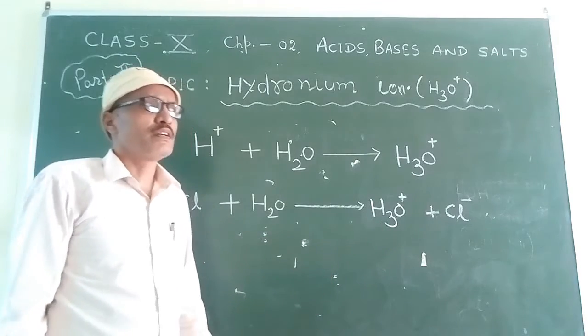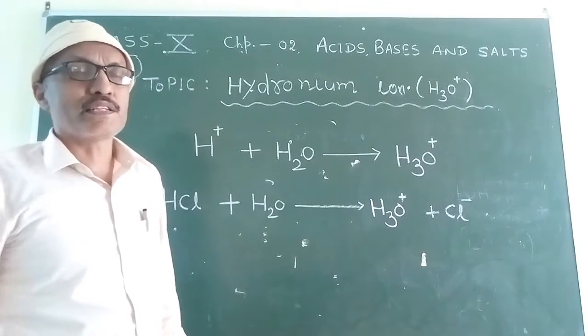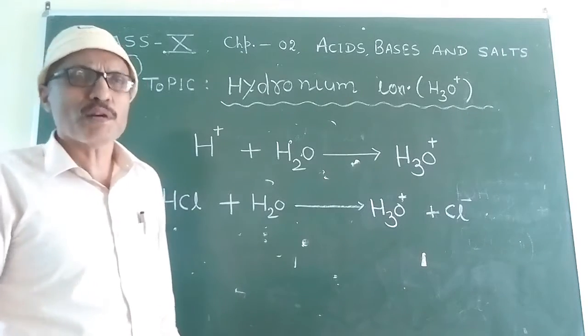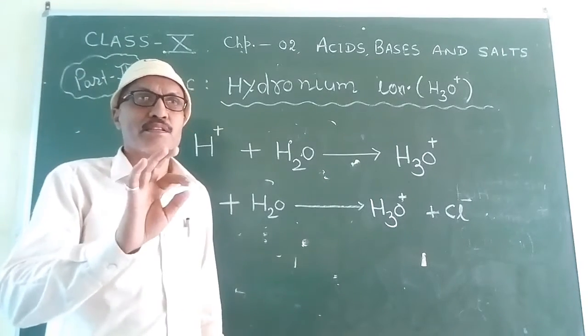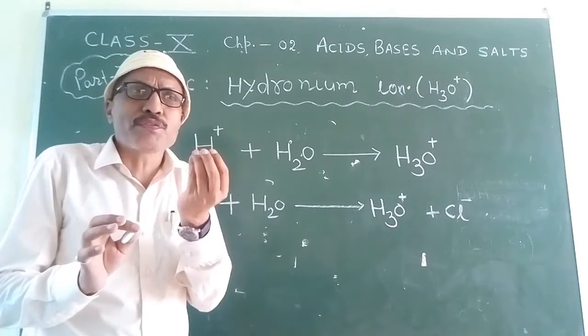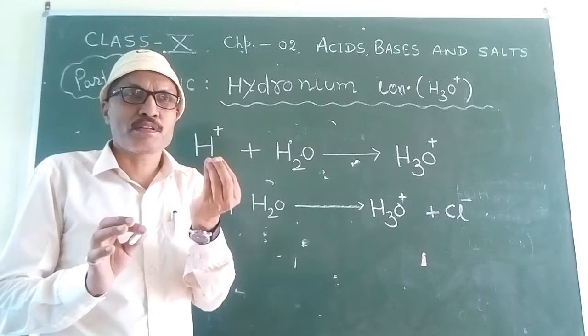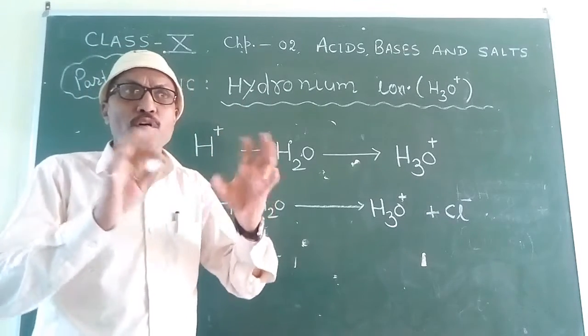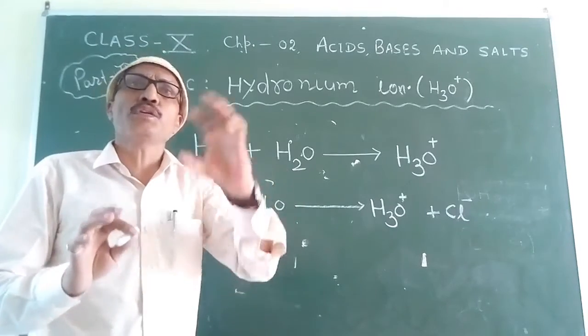Students, you might have studied water is a weak electrolyte. What does it mean? It means in water, some of the water molecules are ionized and most of the water molecules are not ionized.